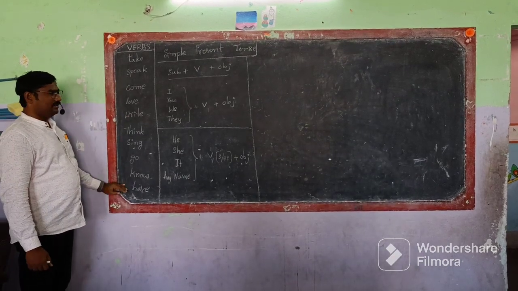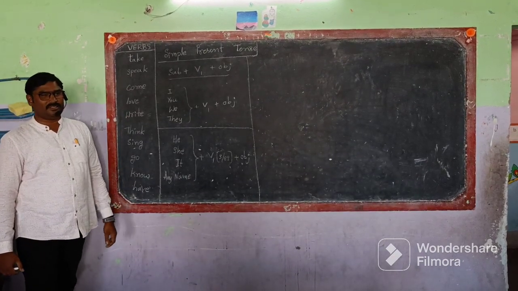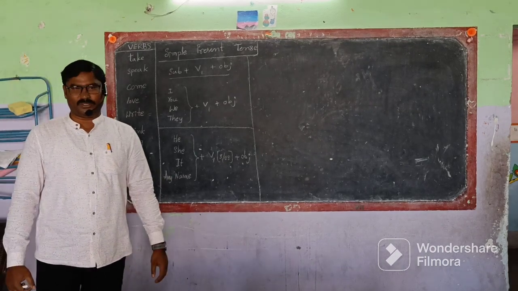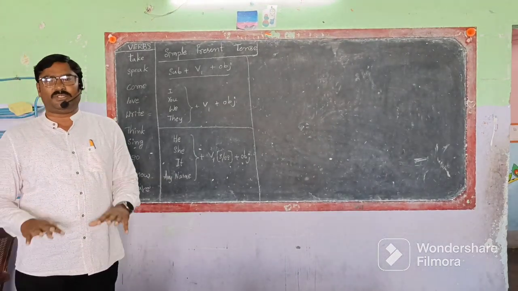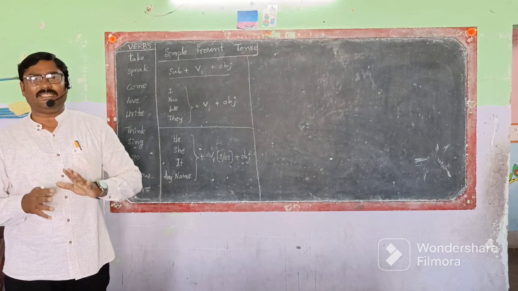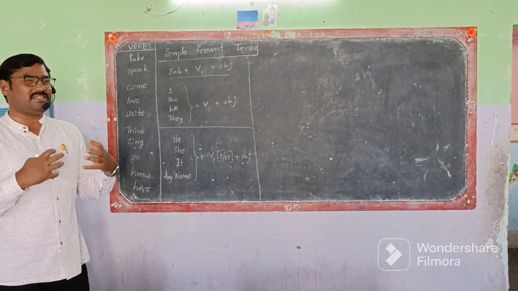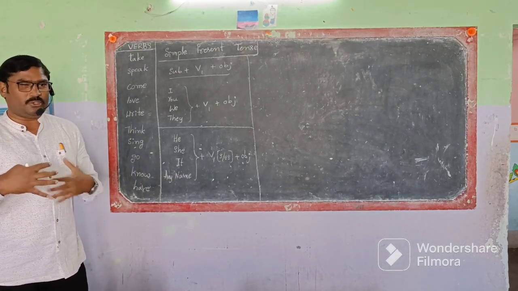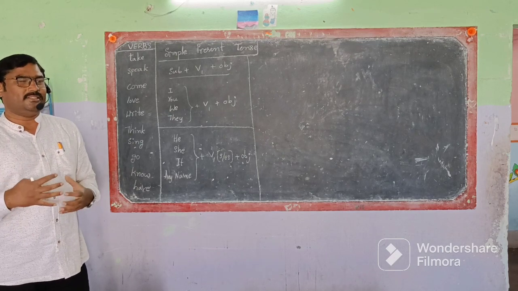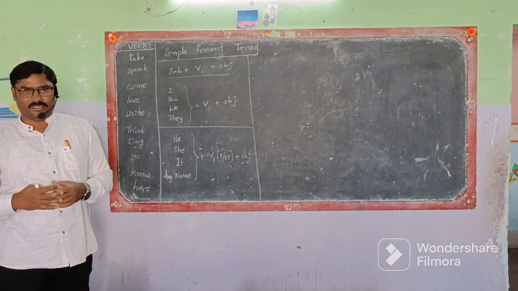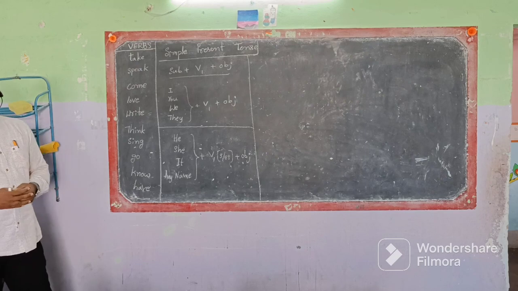These are action words. We call them verbs. Without verbs we cannot form any sentences. So we must learn the verbs, and you need to practice some verbs every day to get perfection.